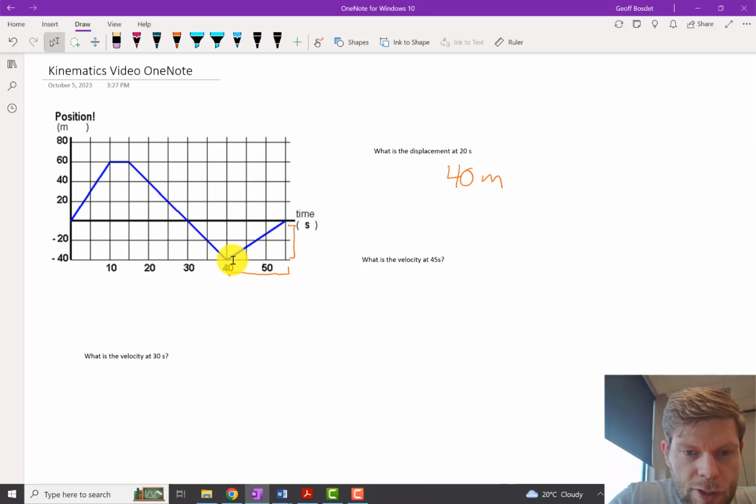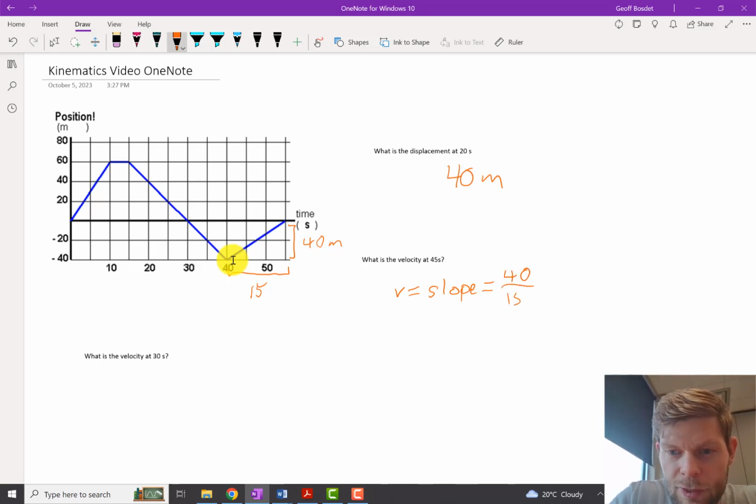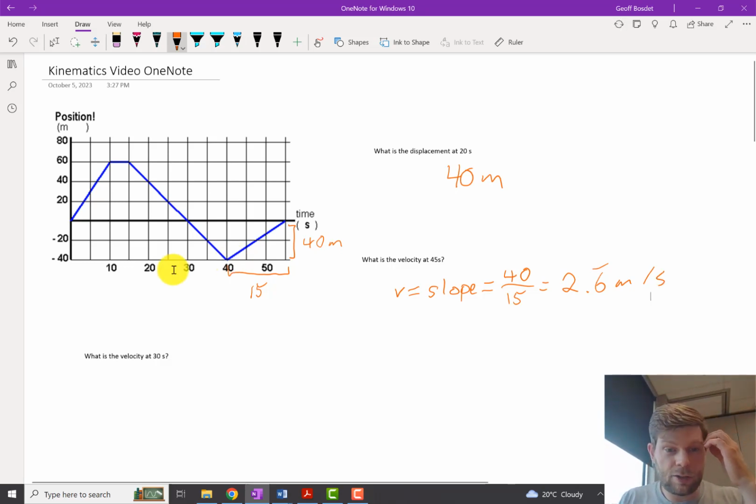It looks like my run is 15 seconds, from 40 to 55, and my rise is 40 meters. So my velocity is equal to my slope, which is rise over run: 40 divided by 15, which I believe is 2.6 repeating meters per second. That's all you've got to do there.